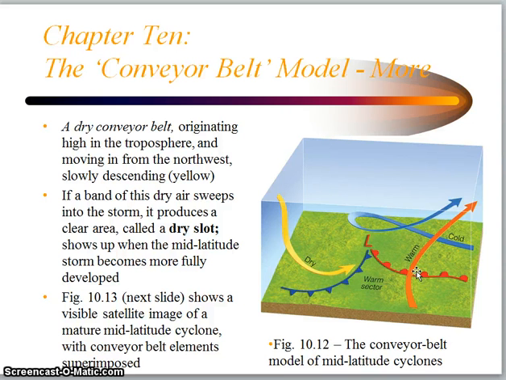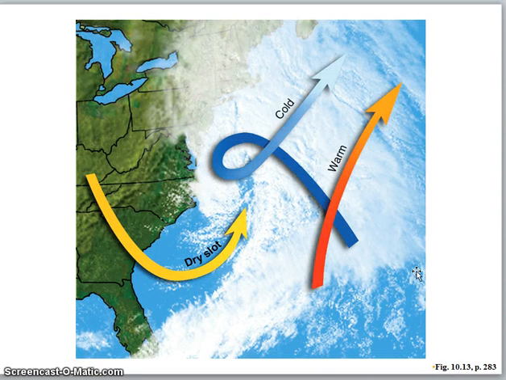And then the yellow air is the dry air, which is coming down rapidly from the heights of the troposphere, the tropopause, pretty much. If a band of this dry air sweeps into the storm, it produces a clear area, which I'll show you on satellite pictures in a moment, which is called the dry slot. This tends to show up where the mid-latitude storm becomes more fully developed. The next slide I'm about to show you is a visible satellite picture. In fact, I'll show it to you now, of the dry slot.